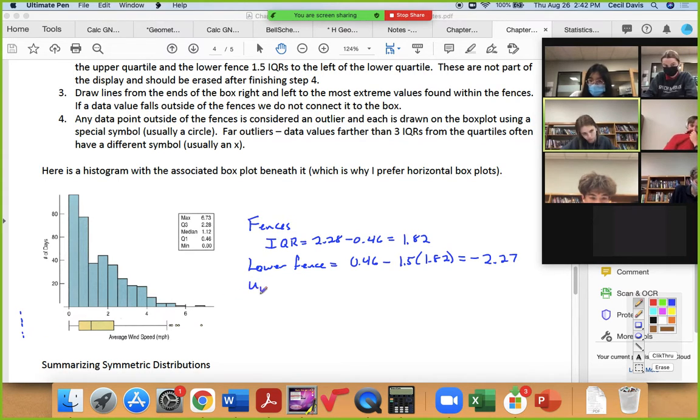And then your upper fence is going to be quartile 3, 2.28 plus 1.5 times 1.82, which is 5.01, which is right about in here.